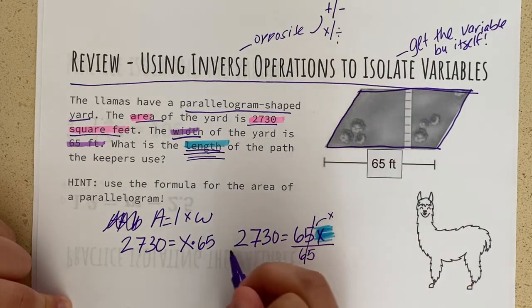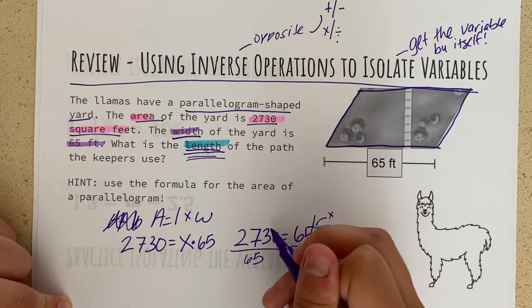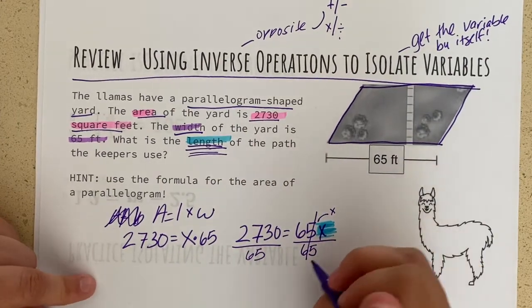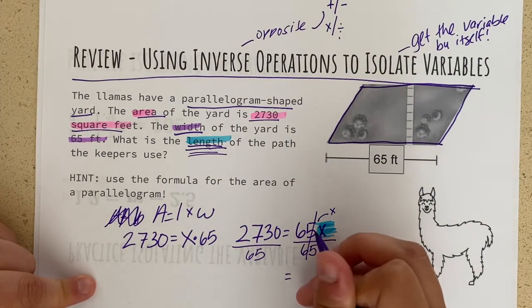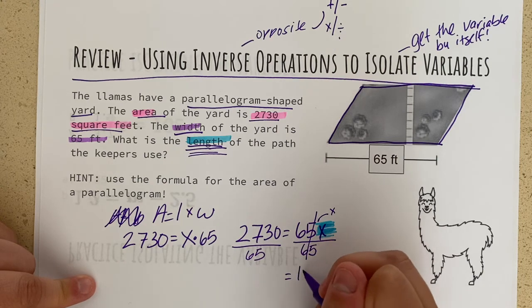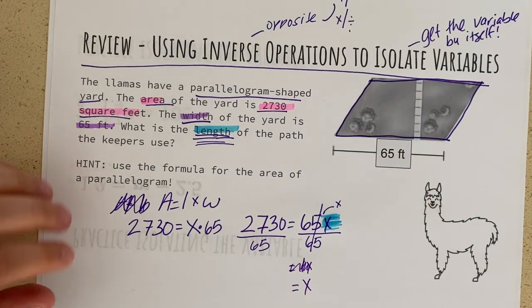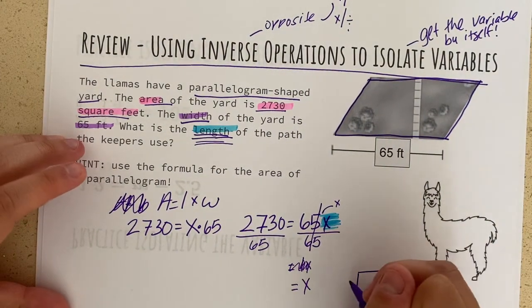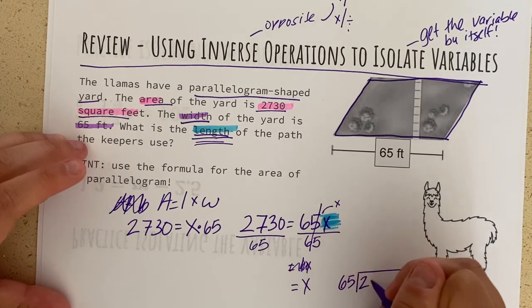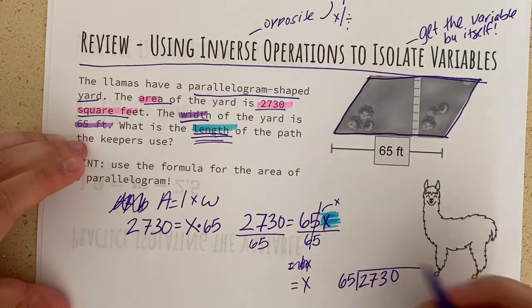Whatever I do to one side, I do to the other side. I've crossed those out because 65 divided by 65 is 1, or 1x, or you can just write equals x, which I like because it gets a little confusing when you have a lot of numbers.